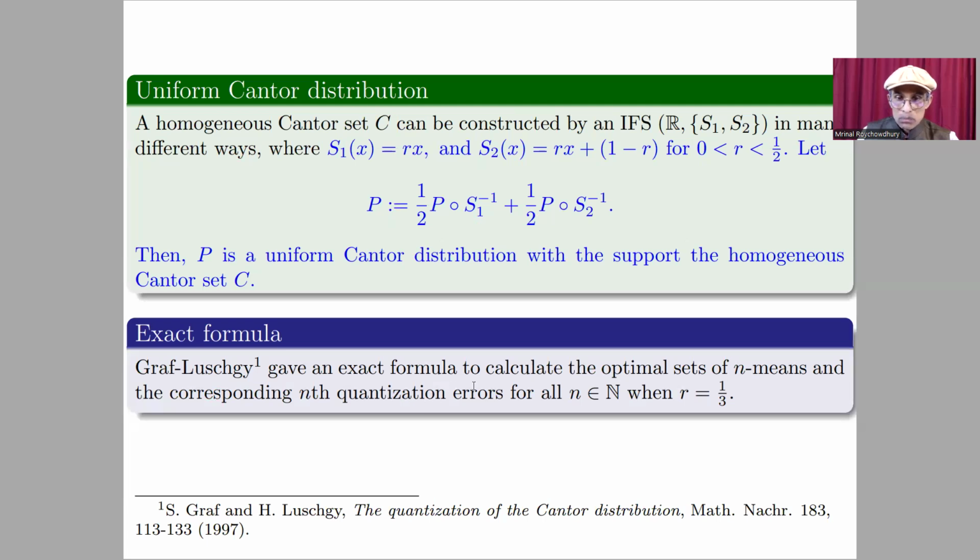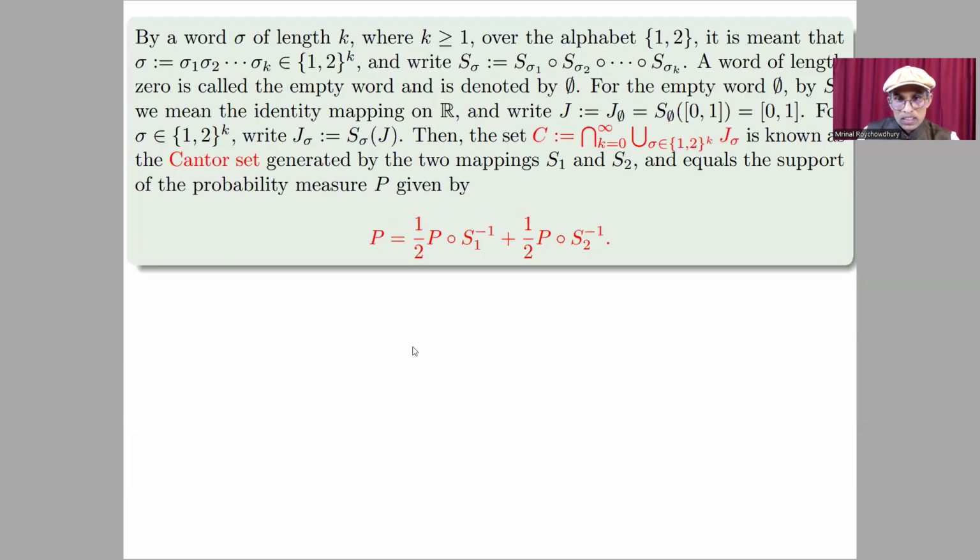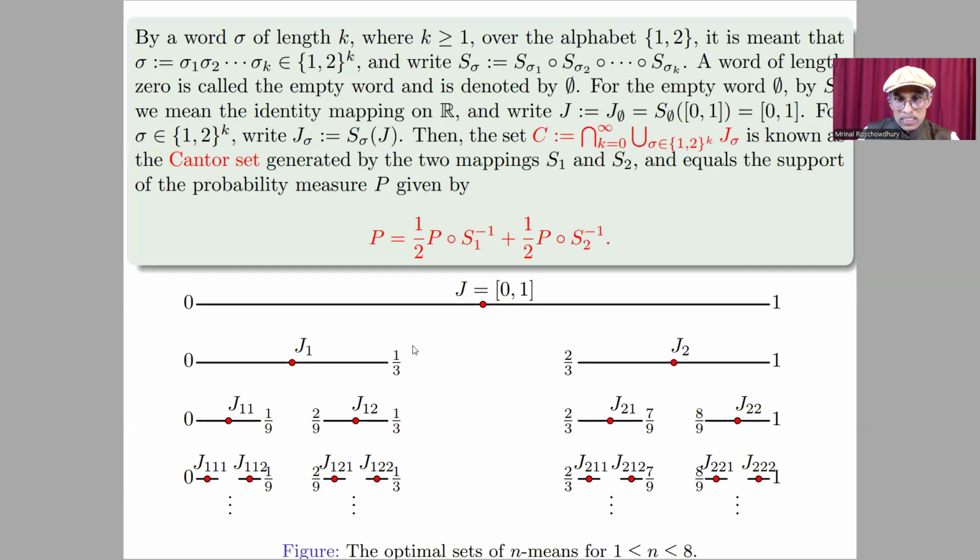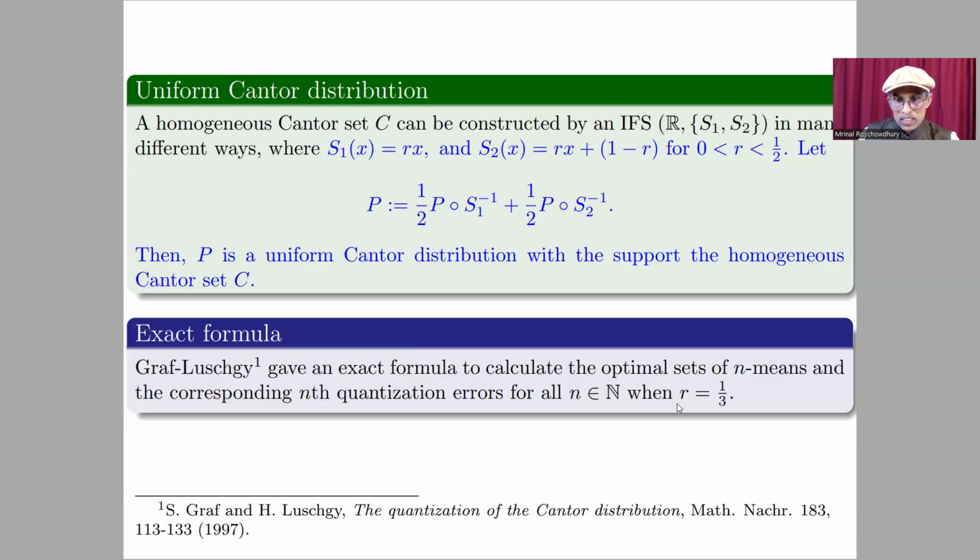They calculated optimal sets of n means and the nth quantization errors for r equal to 1/3. Their exact formula does not work for all r in this interval. Their result was published in 1997. For a long time it was an open problem: what is the least upper bound of r for which the exact formula works?